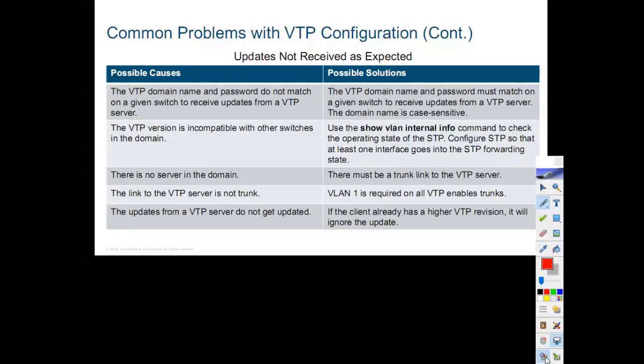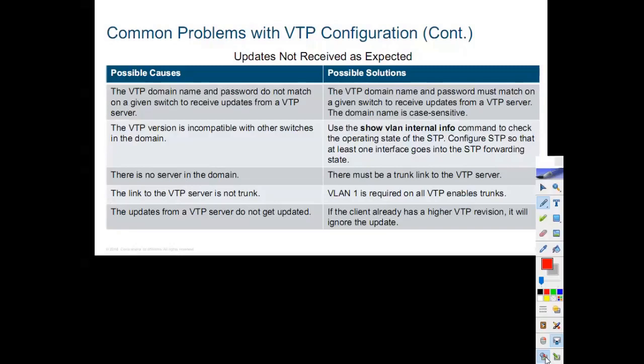And of course, updates from the VTP server do not get applied to the client. That would be an issue, and here's a solution for it. Like I mentioned again, if the client already has a higher VTP version or revision number, it will ignore the update.